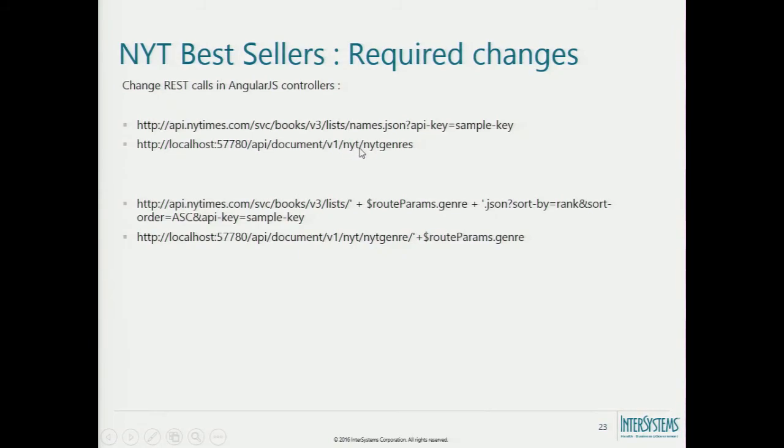So I created a new namespace, and I called it New York Times genres, and in another collection for each genre, I store all the books. So I needed to change the API. That's fair enough. I mean, we would expect that. But it didn't work after that.